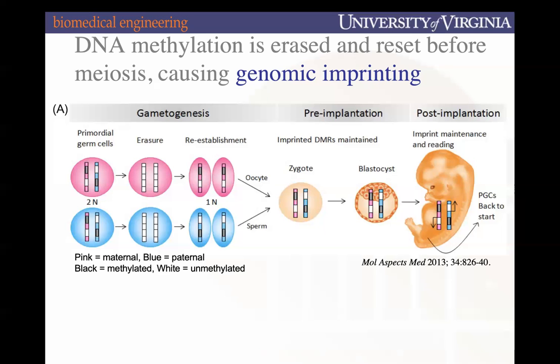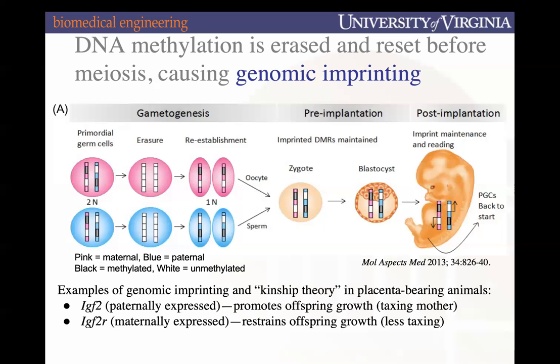What I should also say is that this is not for every single gene. We have 25,000 genes in our body. Right now the list of genes associated with genomic imprinting is about 300 genes. So it's not all genes.